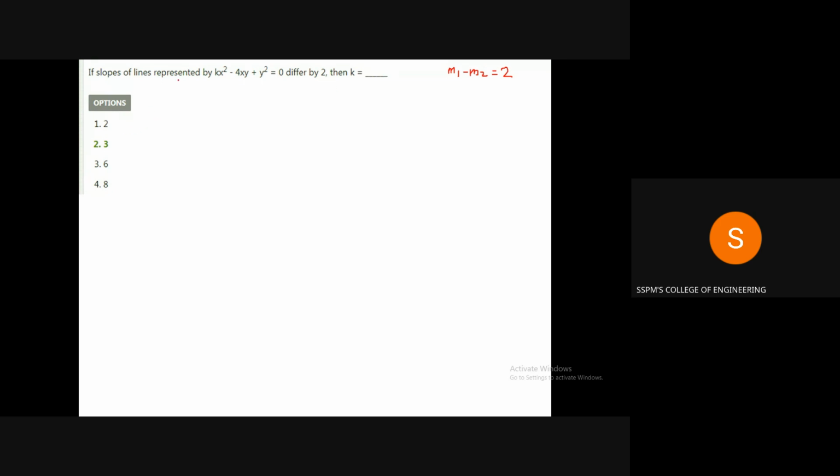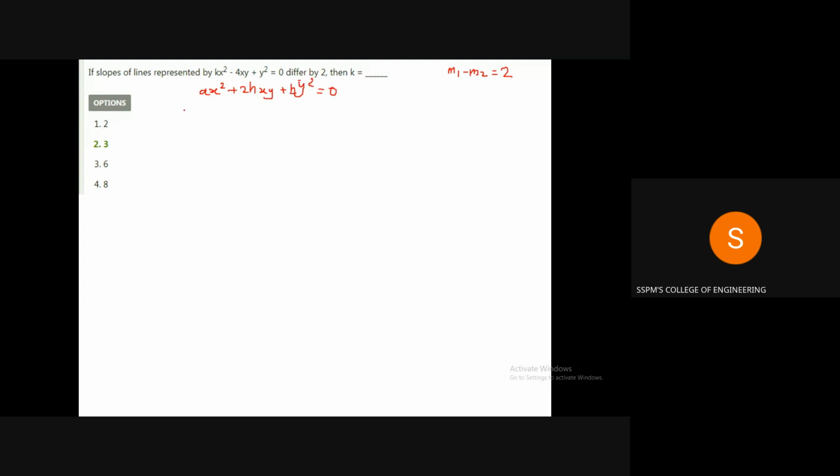Again we will compare this equation with the standard form, which is given by ax square plus 2hxy plus by square is equal to 0.